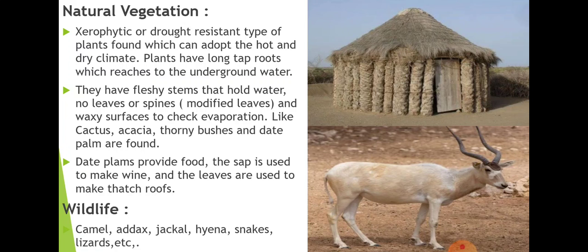Because of the temperature, the vegetation that grows over here is a xerophytic kind of plant which can resist the scanty rainfall, or we can say the scarcity of rainfall.